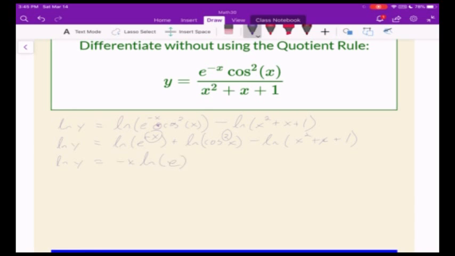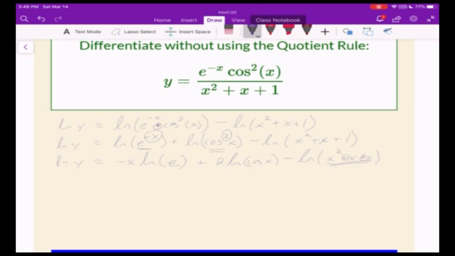I'm also going to use my power rule for logarithms and bring those guys down. Natural log of y equals negative x natural log of e, plus 2 natural log cosine of x, minus natural log. Now you can't use the power rule for logs on this last one because we're adding a bunch of stuff.